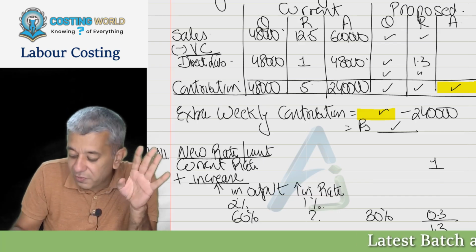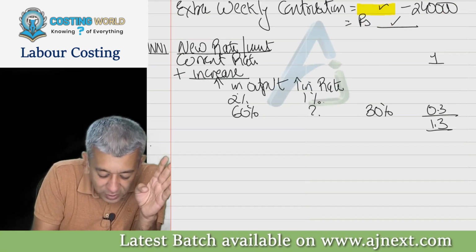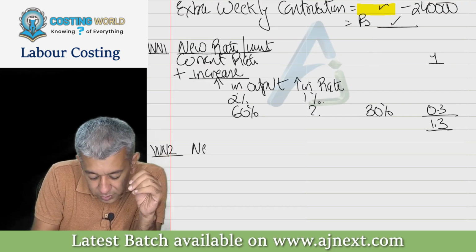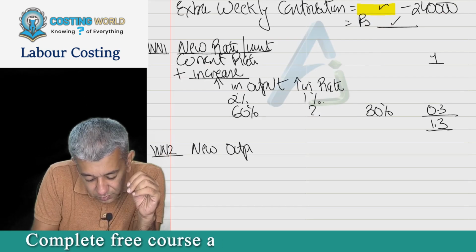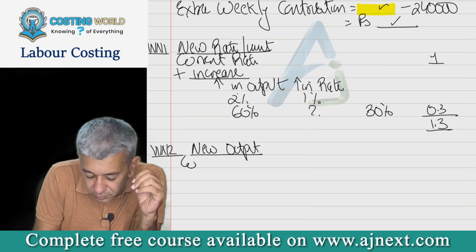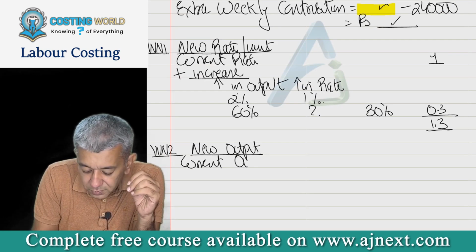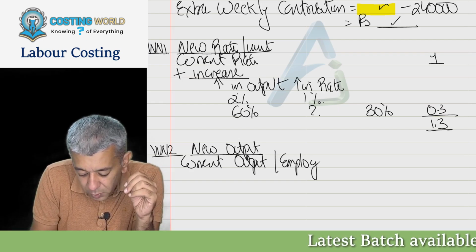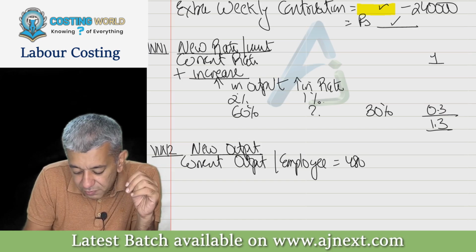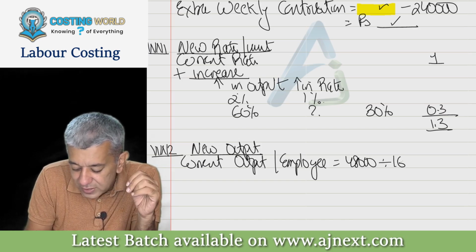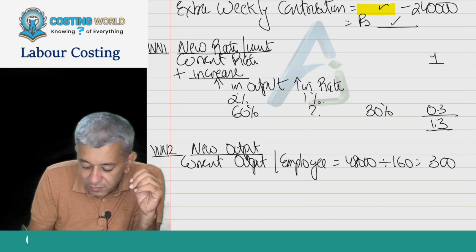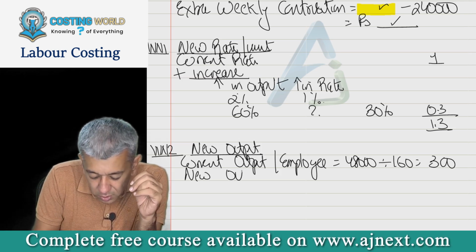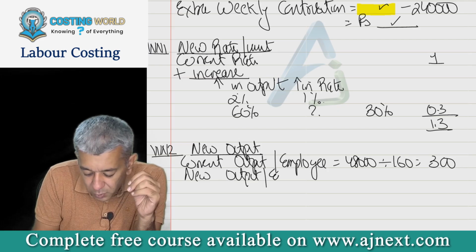Okay, just wait then. Let's all try to get 57,600 by way of a working note, and then you all continue. Write down new output. Current output per employee. So currently 48,000 from 160 employees. Everybody was making 300. New output per employee.